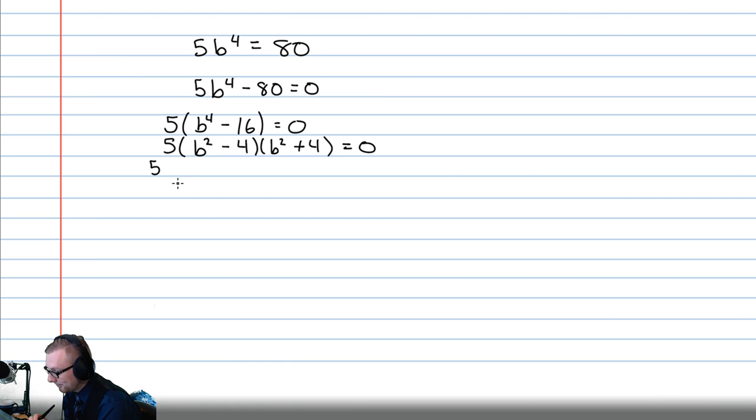It will be b minus 2 and b plus 2, and you'll write the same thing again, the b squared plus 4. Not b squared. Are you going to factor that one too? It's not a difference of squares.